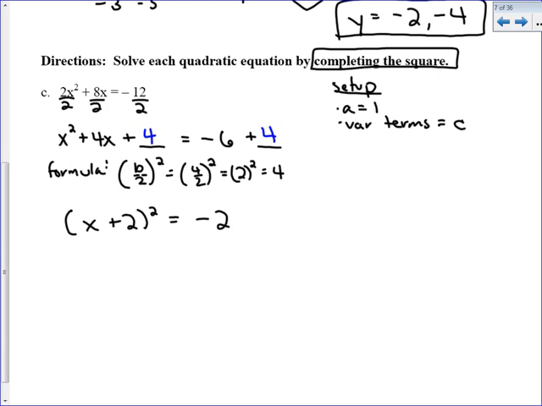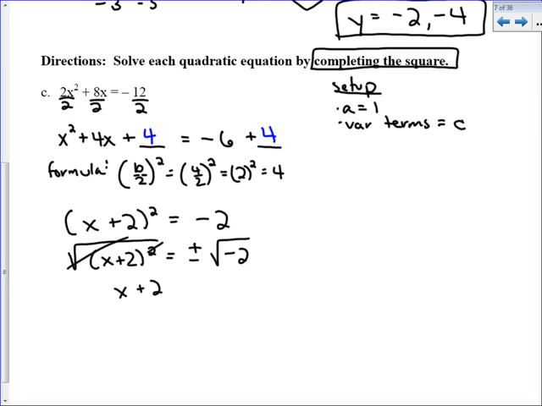And then what's this method called? At this point, something squared equal to a number. Square root property. So to get rid of the square, we take the square root of both sides. And on the right side, you always put in a plus or minus square root of negative 2. Square root and square cancel on the left.